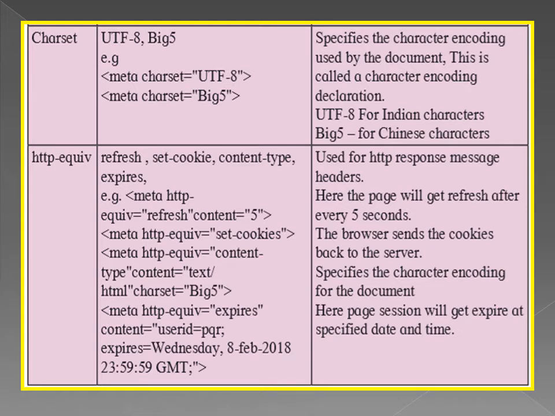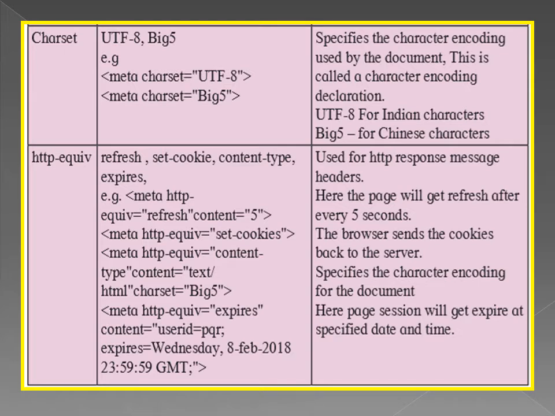It specifies the character encoding used by the document, and this is called a character encoding declaration. Mostly these two character sets are used for character encoding. UTF-8 is for Indian characters, and Big5 is for Chinese characters.